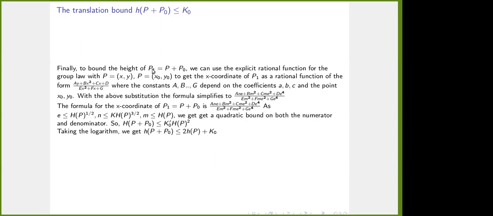To bound the height of p1, which is p plus p naught, we can use the explicit rational function. Remember that in the beginning of the slides, we had an explicit formula for the sum of the group law.